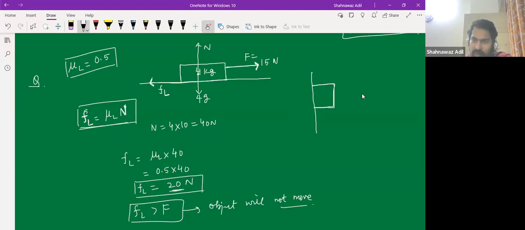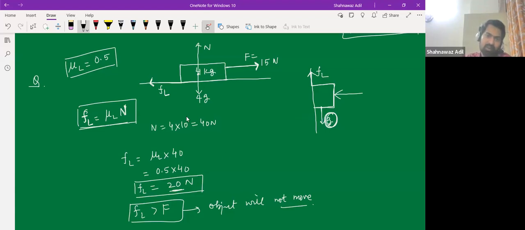So you are applying some force and the object is here, right? So in this way, the friction it will experience is in this direction. So it will have a weight in this direction. So in this case also, it is dependent upon this mass, right?